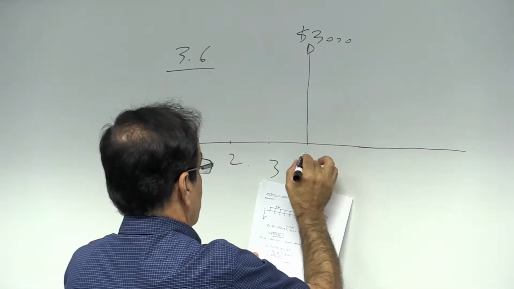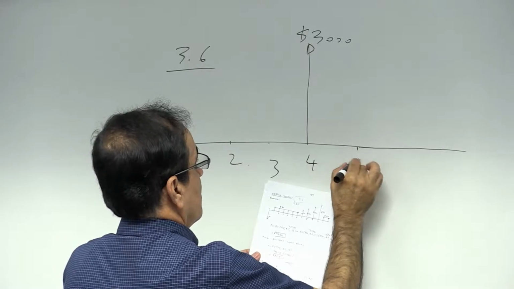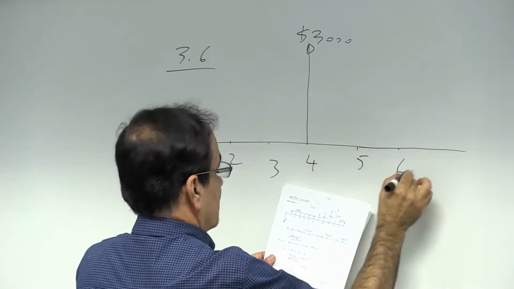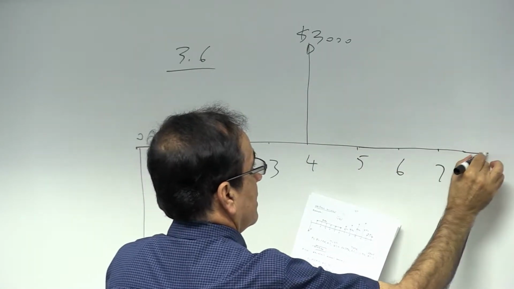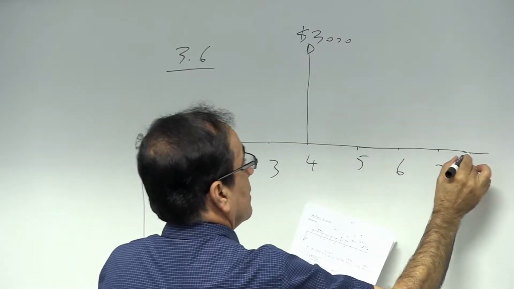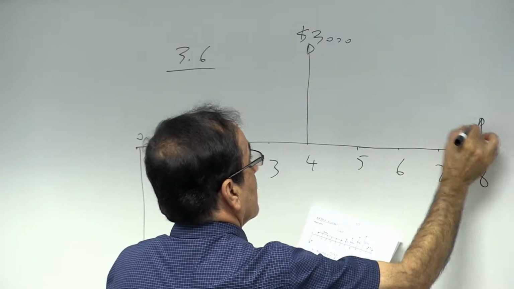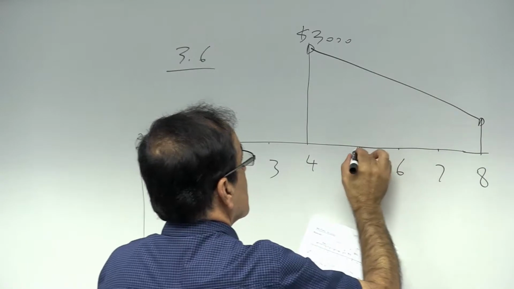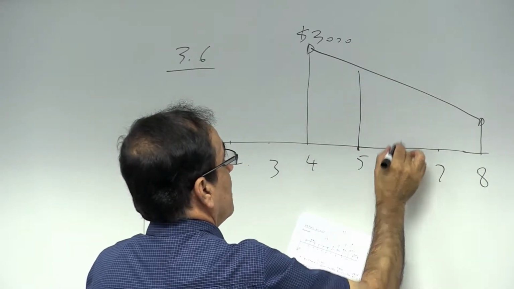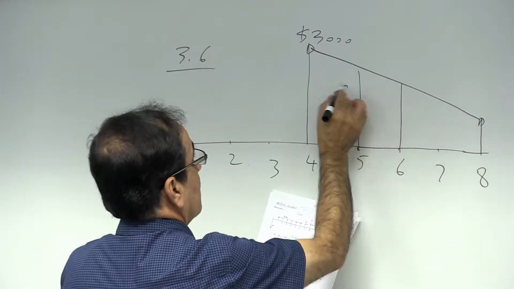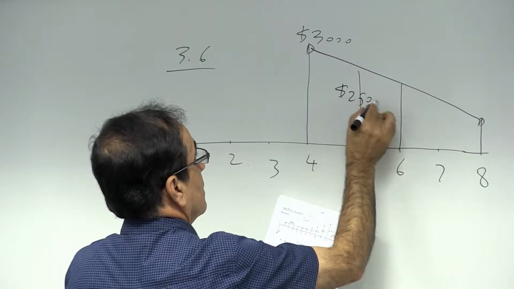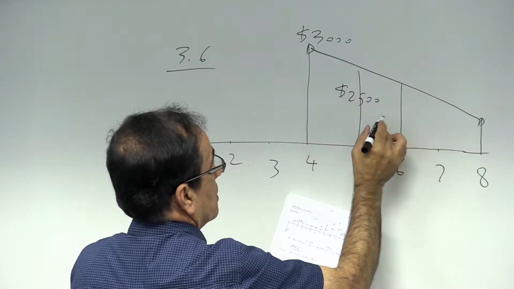So this is year 4, 5, 6, 7, 8. For example, year 5 is going to be 2,500. It's going to reduce to 2,000.